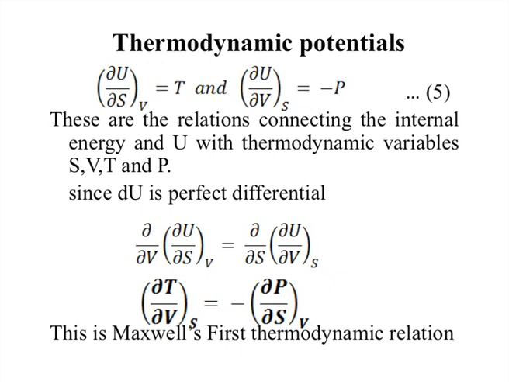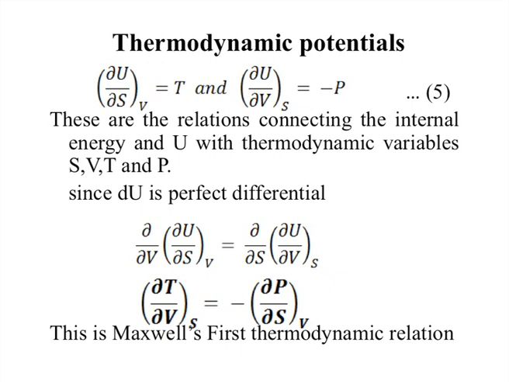Now, taking the partial differentiation of the internal energy with respect to S and V, we get (∂U/∂S) at constant V equals T, and similarly (∂U/∂V) at constant S equals -P. These are the relations connecting the internal energy U with the thermodynamic variables S, V, T and P.